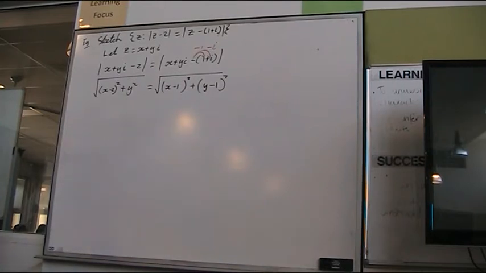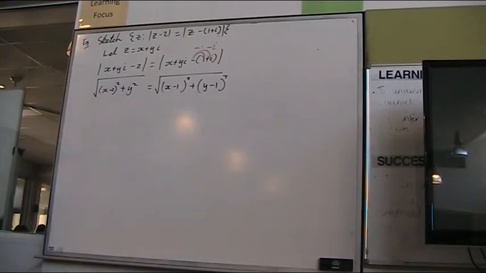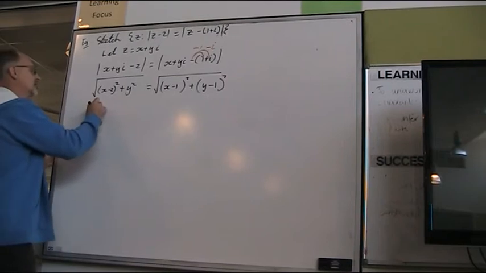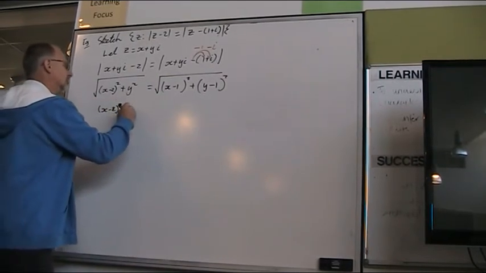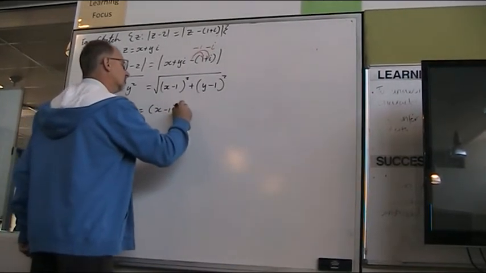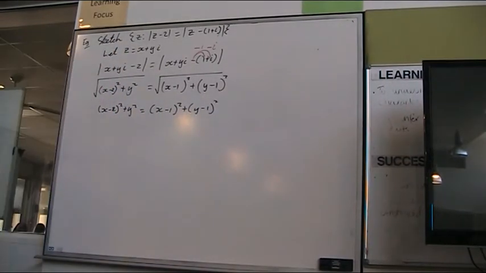All right. To get rid of the square roots, we would square both sides. Now what? Any suggestions?